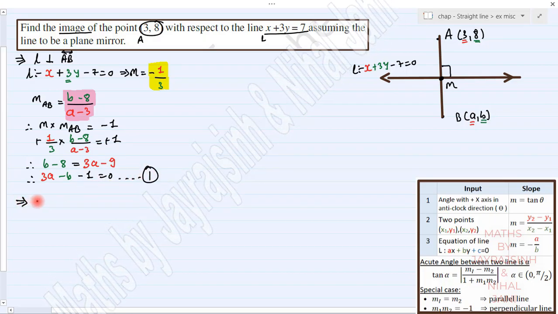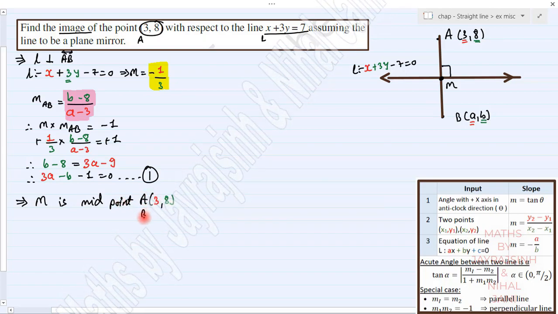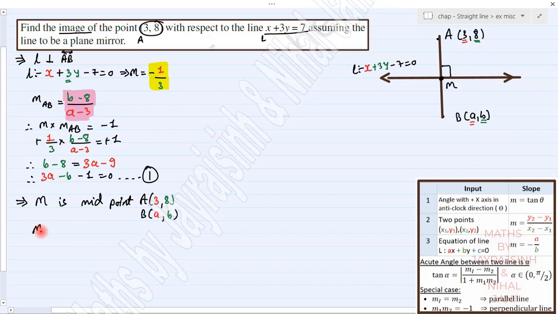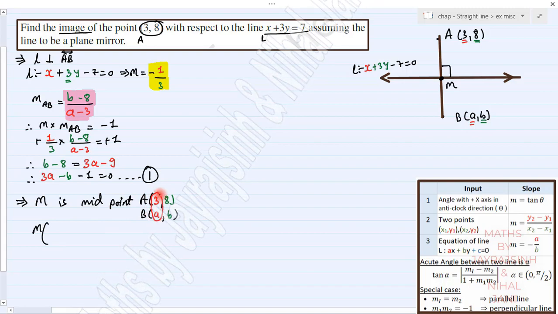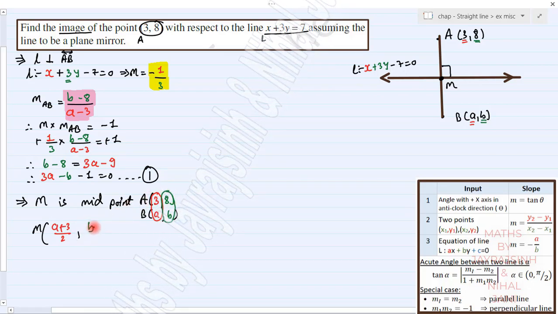Now to obtain the second equation, let's use the coordinates of M, which is the midpoint of point A (3, 8) and point B having coordinates (a, b). So we can get the coordinates of M by taking the summation of x coordinates by 2, or we can say (a plus 3) by 2, and the summation of y coordinates by 2, or we can say (b plus 8) by 2.